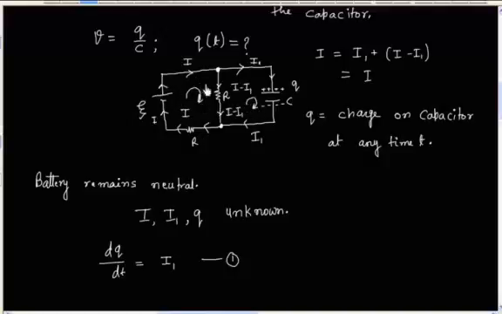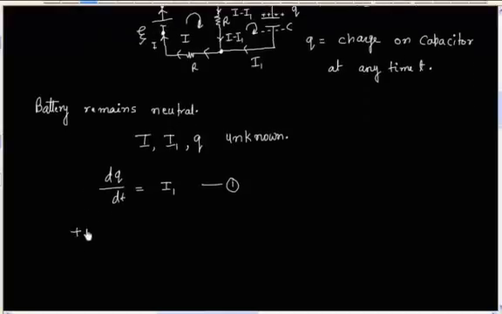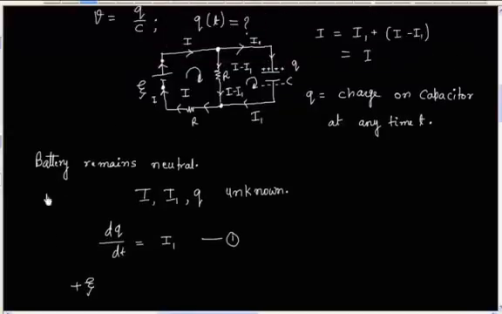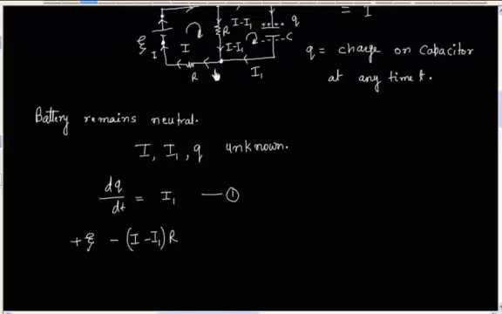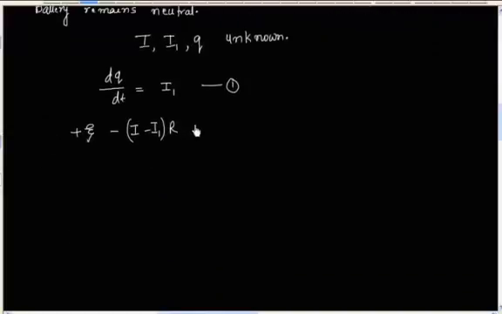So let us write one equation from this circuit. If I start from here, I am going from lower potential to higher potential, so we will have a plus sign. And here we are going along the direction of current, so we will have a minus sign. Again we are going in the direction of current, so we will have a minus sign.